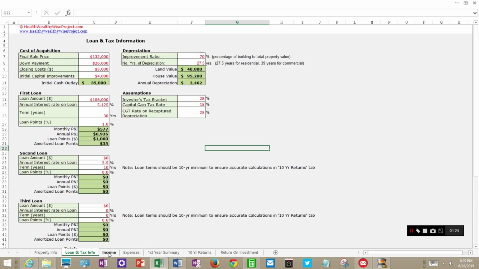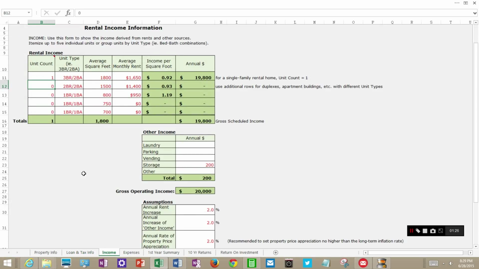Moving on to the income tab. This is where we calculate our gross operating income, and you can see it's set up for a single family property, but let's say you're analyzing an apartment building. Maybe there are 10 3-bedroom, 10 2-bedroom, and another 10 1-bedroom units.